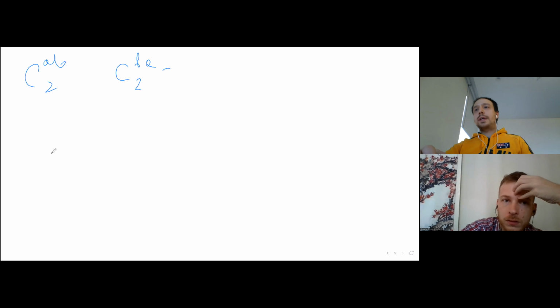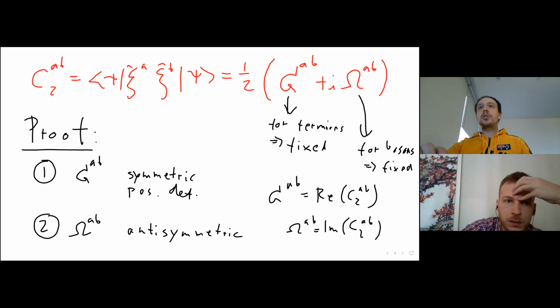Okay, yeah, I can give some hints. So I would recommend to essentially decompose the size into a sum of the antisymmetric and the symmetric part, and then show that one is Hermitian and the other one is anti-Hermitian.